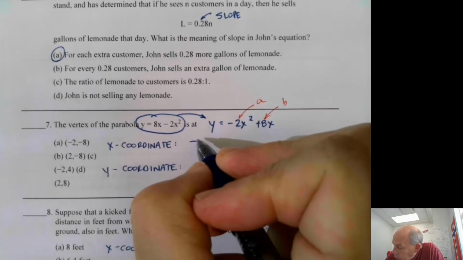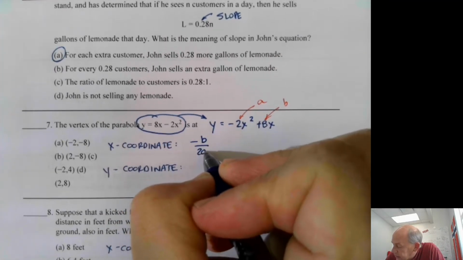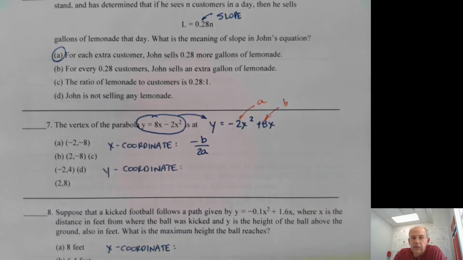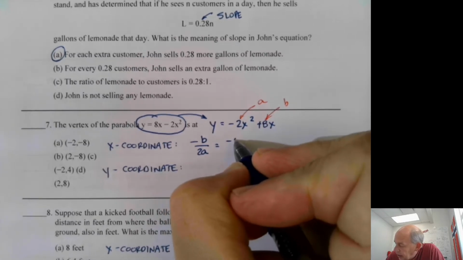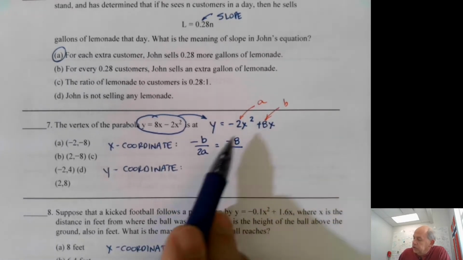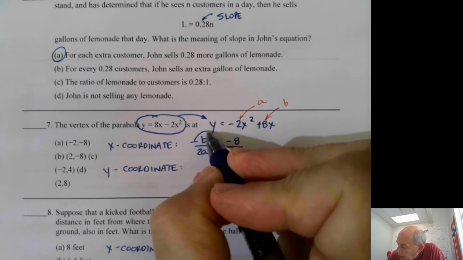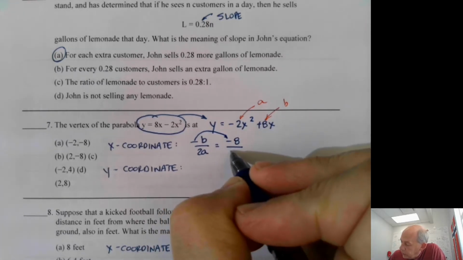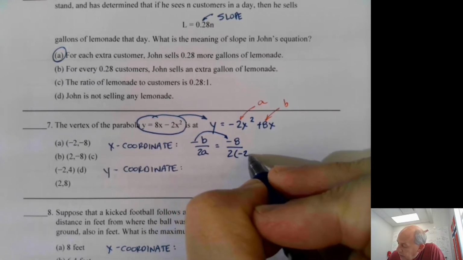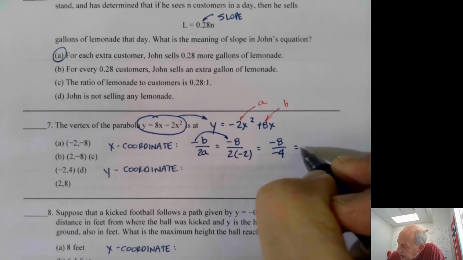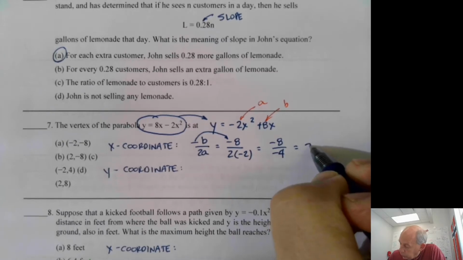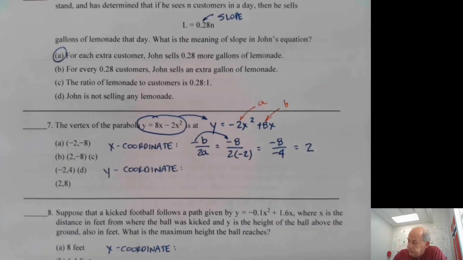My x coordinate of any vertex is negative b over 2a. So plugging in these values, I have b, which is 8. The minus is from the formula. My a value is negative 2. So I have negative 8 over negative 4, which is positive 2.